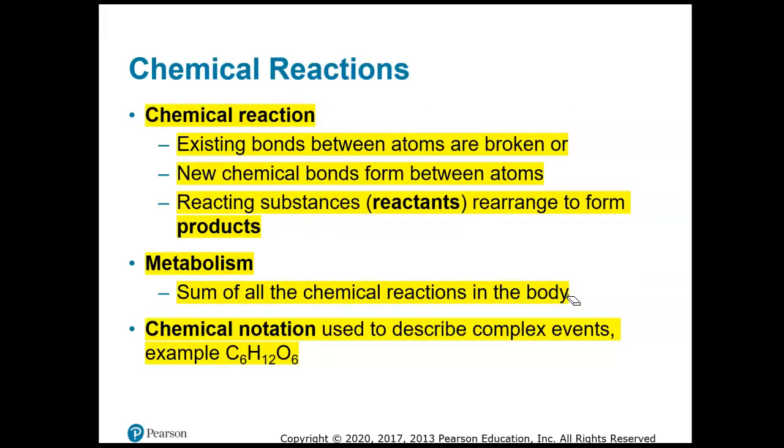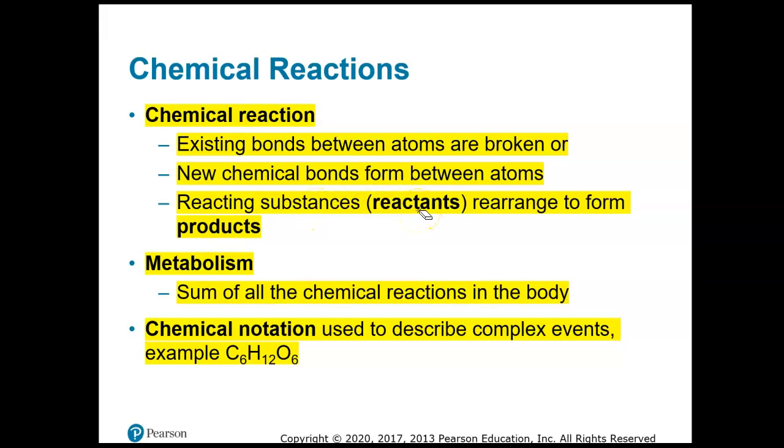Okay, now for chemical reactions, we're going to learn really two basic chemical reactions. But you need to know some terminology. The reactants are the substances that are going to react, that are going to combine and recombine with each other to form new substances.